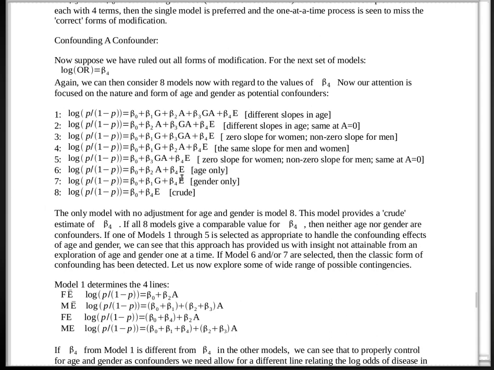Now, there are a whole range of other possible scenarios here. Now, I'm not going to go through too much more of this particular circumstance, but here it turns out that Model 2 and Model 5 involve a crucial interpretation when the variable a, here age, is 0. And this may involve a circumstance in which we cannot center age.